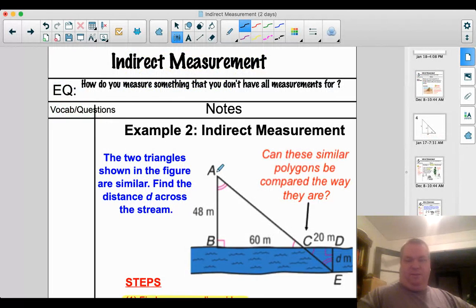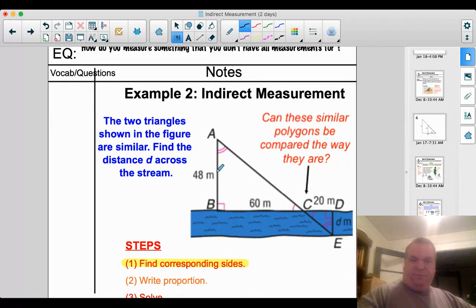All right, so here's another situation in which proportions have been used to measure things indirectly. Let's say you want to measure the distance across this river, and you can't do it directly. Well, you can do it by setting up a couple of things you can measure. On this side of the river, you measure back 48 feet, measure over 60 feet, and then you draw a line going all the way across the river.